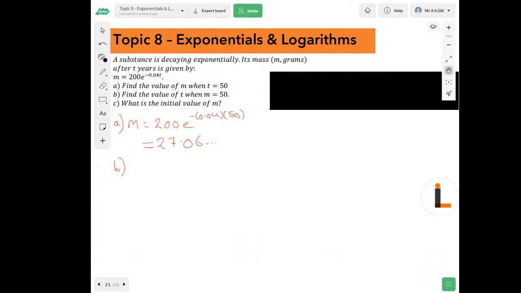B is slightly more complex. It's not as straightforward as just substituting and plugging it into a calculator, but the first step is still that substitution. So let's go ahead and do that.